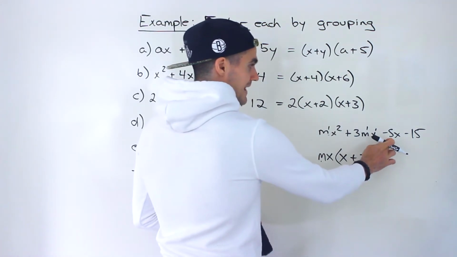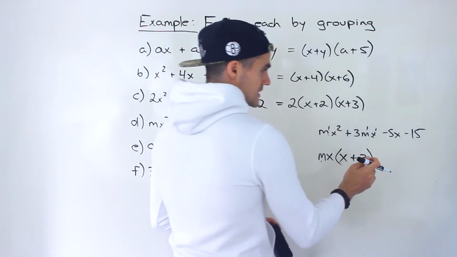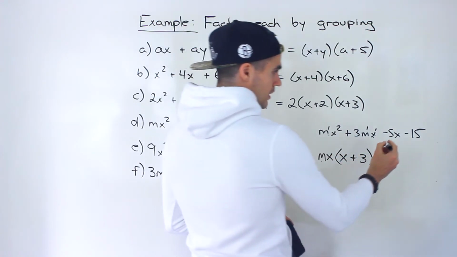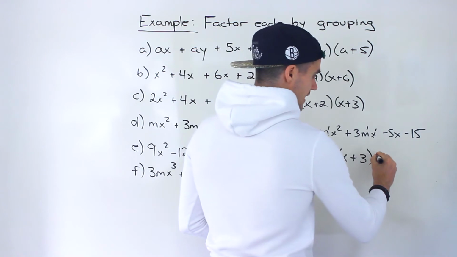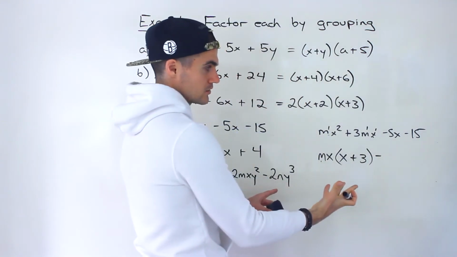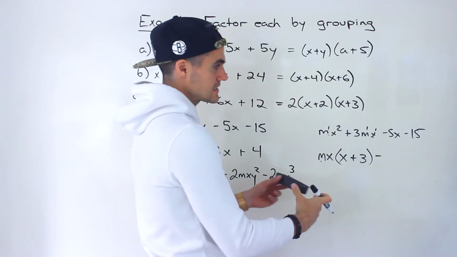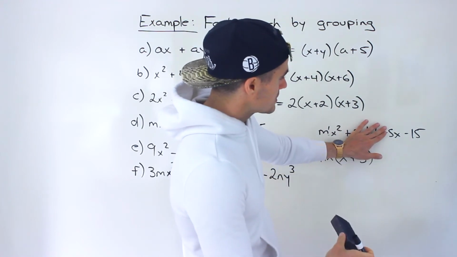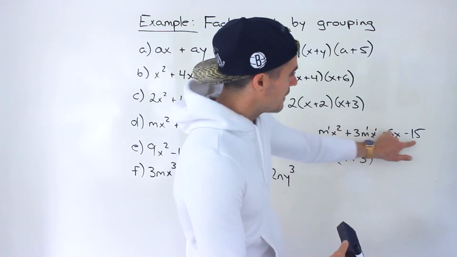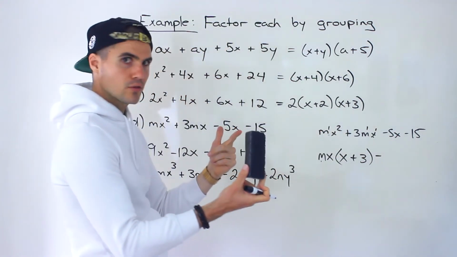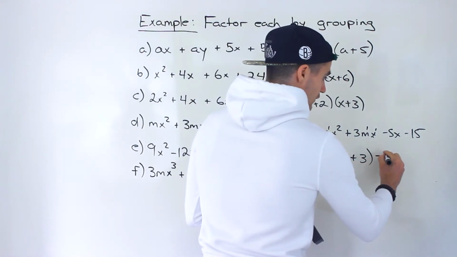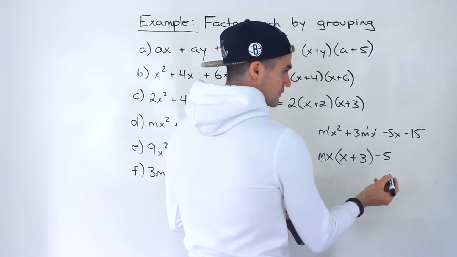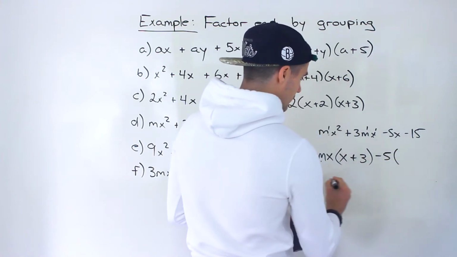Now between negative 5x and minus 15, whenever there's a negative over here, you're usually taking out a negative value. In this case, you kind of want to ignore this negative and just look at the 5 and the 15. What's common in both of those? Well, a common factor is 5. So we could take out a 5, but then we've got this negative in front here. So what would we be left with?